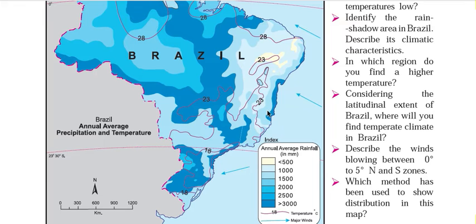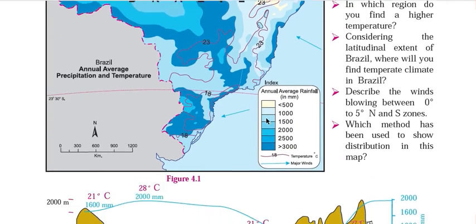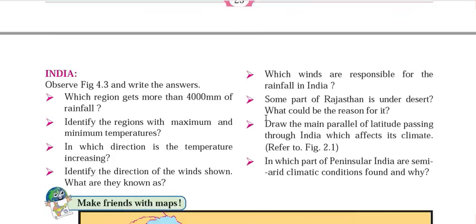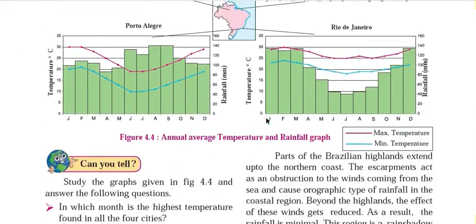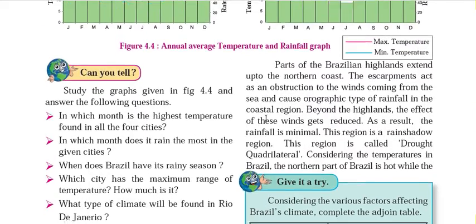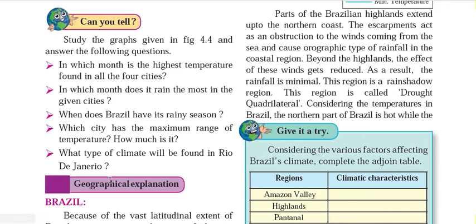Means the average maximum and average minimum temperature have minimum variation, and there is a very small gap between the average maximum and average minimum temperature throughout the year. So that's why we can say a moderate type of climate, or mild, hot and humid climate is there in Rio de Janeiro city.